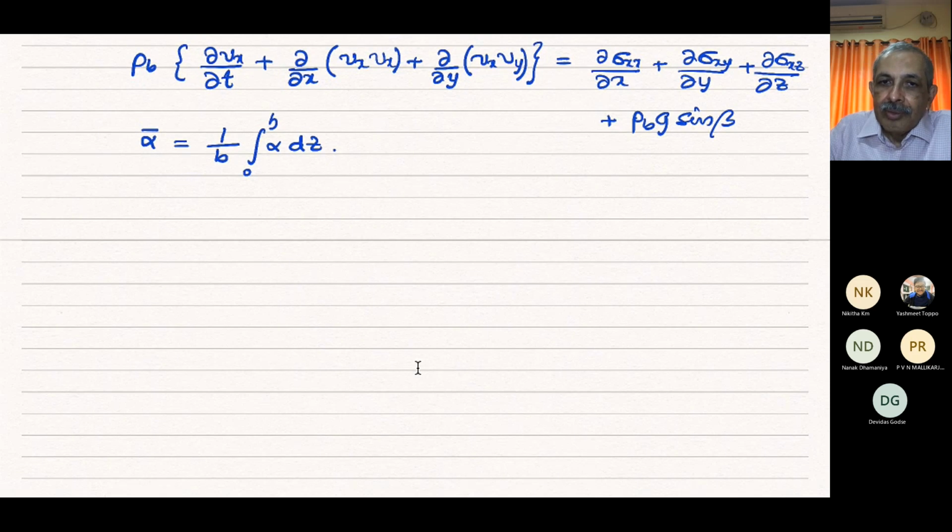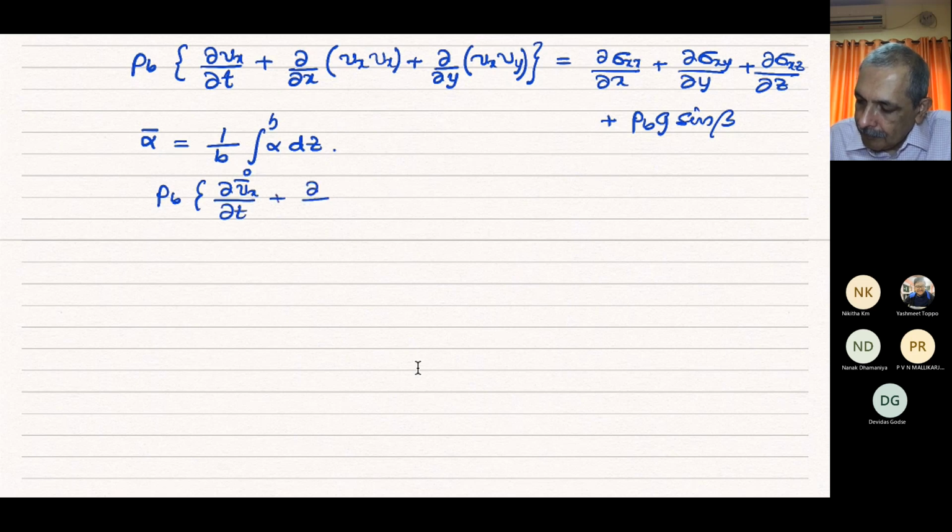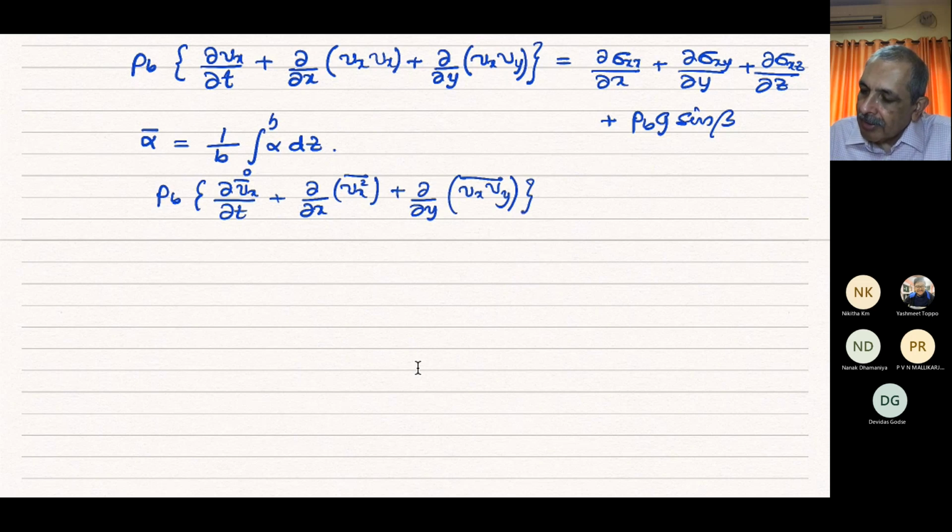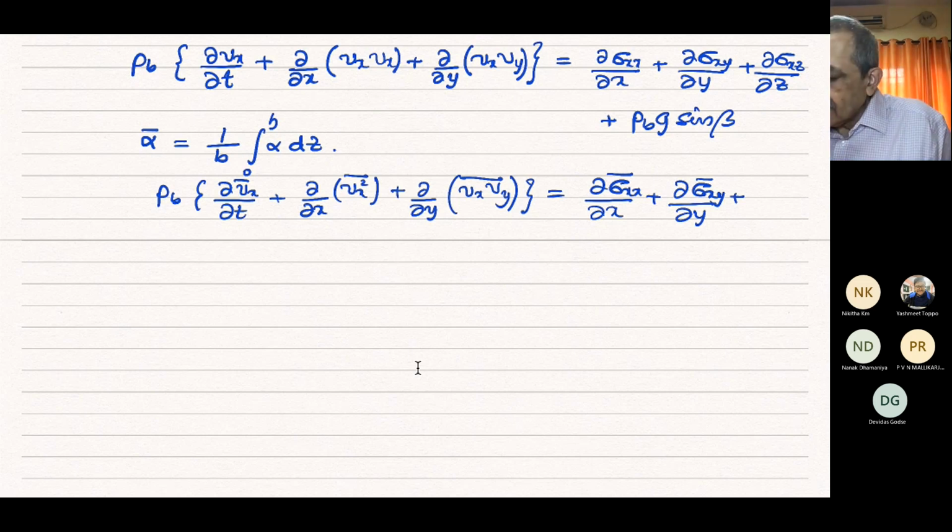If we do this average, then you will get rho B times the averaged terms, since all of these are just integrated and divided by B. The only term that is not an average is the stress term, because here we can easily just integrate it out.